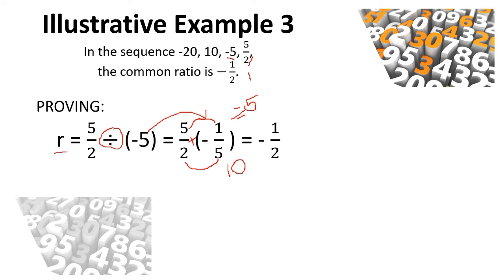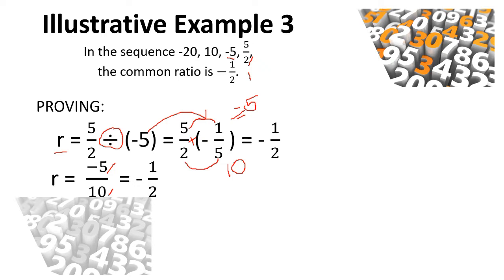Kasi kaya nga common, ibig sabihin kahit anong magkakasunod na terms na meron sa isang sequence, pare-pareho po sila ng ratio. So, for the second one, negative 5, ito po, a sub 3. Tapos po, yung 10 is yung a sub 2 natin. So, dividing negative 5 and 10, we have negative 1/2.